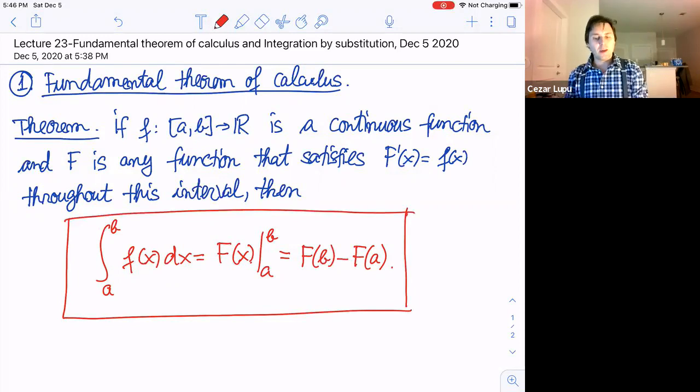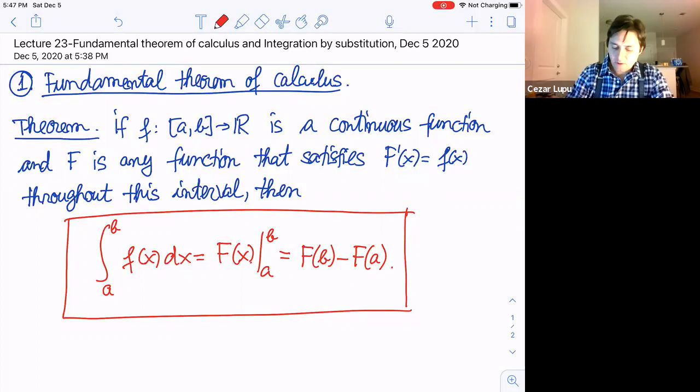As you can see, when we have this integral, F of b minus F of a is nothing else than just a number, right? I want you to look at it. This is a very important formula. Like I said, it will be very important when we evaluate integrals.